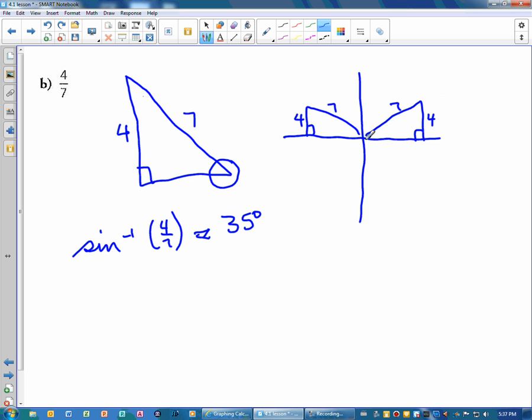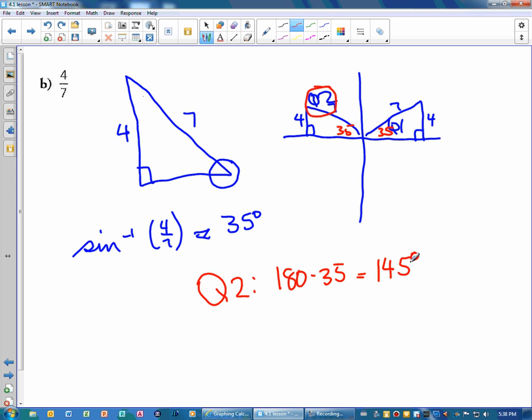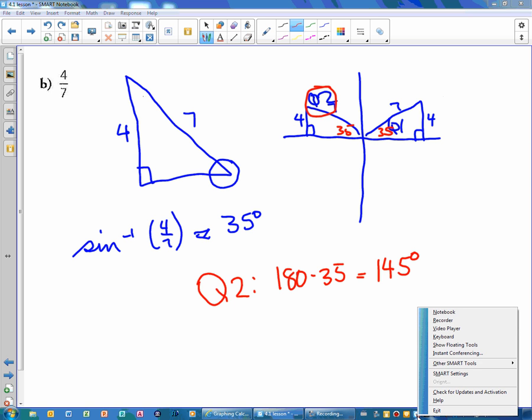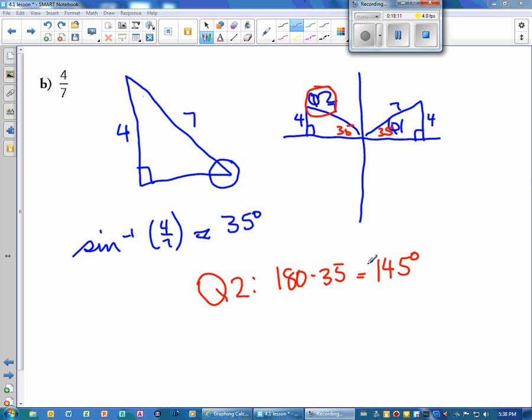But because it's sine and it can be positive in quadrant 1 or quadrant 2, if I know it's 35, that means this is 35, or it means this is 35. But to get the quadrant 2 angle, I'd have to do 180 minus 35, which is 145 degrees. All right, so please ask me if you have any questions as you're doing your practice.